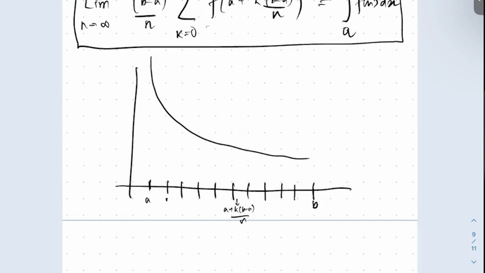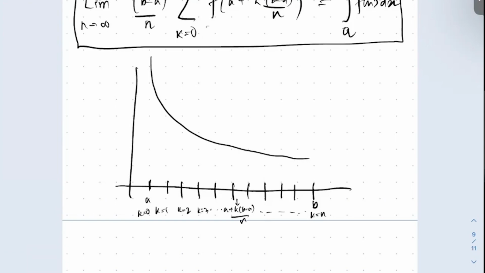For this it is k equal to 0, for this k equal to 1, and it goes on until k equal to n. Did you understand?